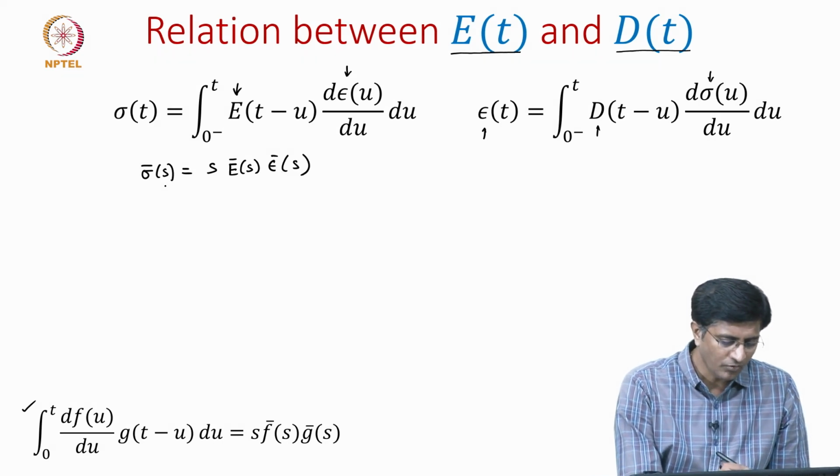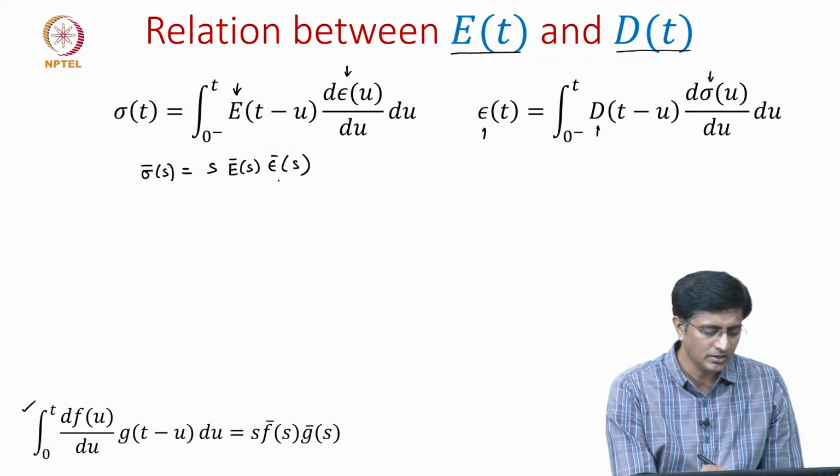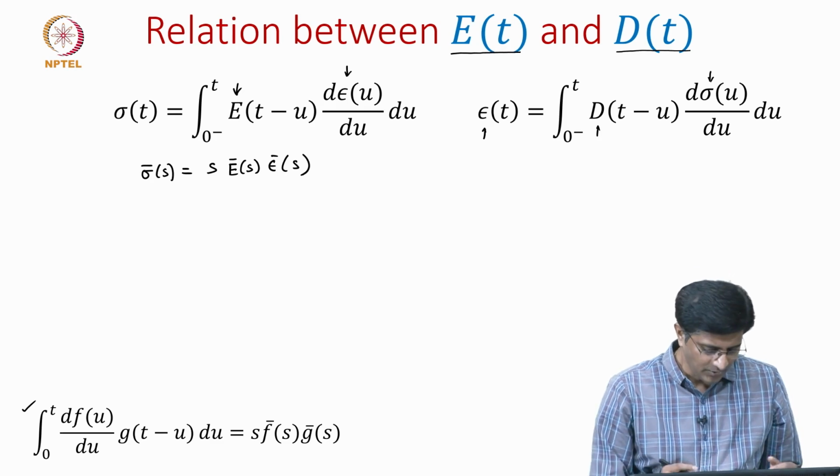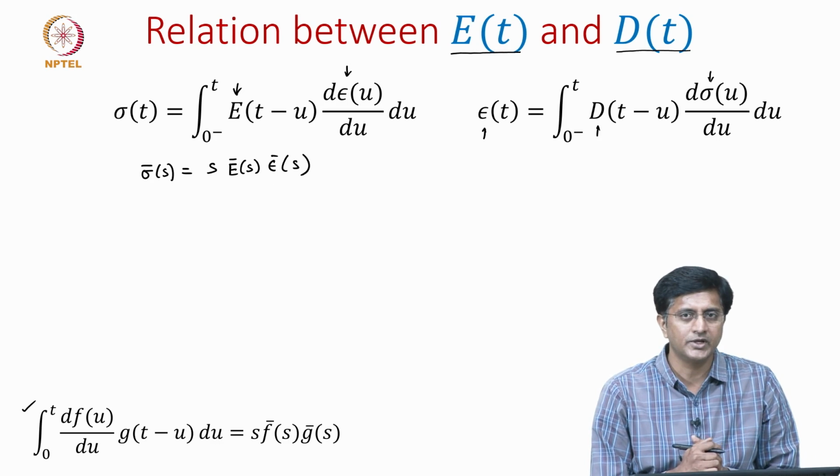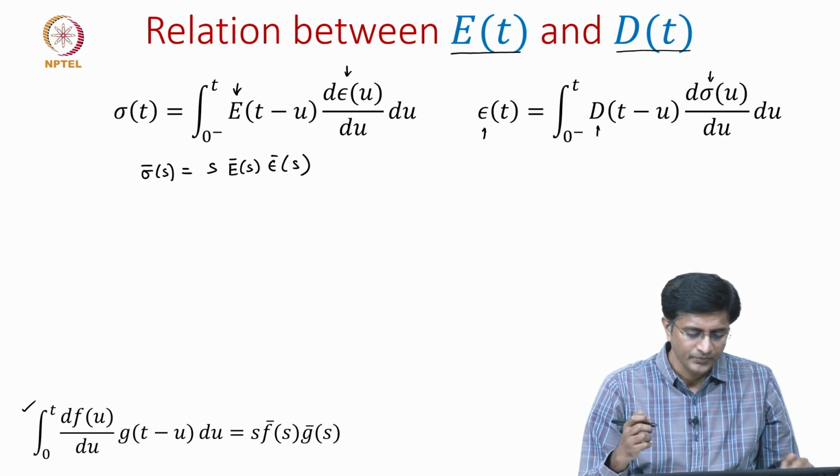So, now we got a very simplified relation in the transform domain, simply because we used this convolution integral on the Boltzmann integral we discussed in the previous lecture.